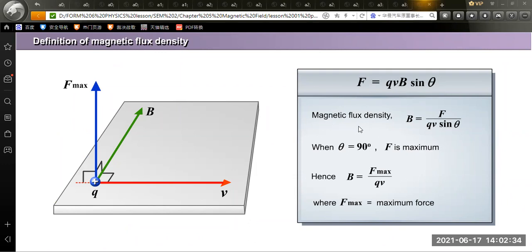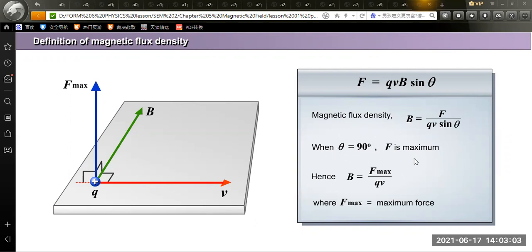The magnetic flux density is the strength of the magnetic field. How much is the magnetic field? What is the density of the magnetic field? So B is equal to F over QV sin delta. When the B and the V are at 90 degrees, delta equals 90 degrees.